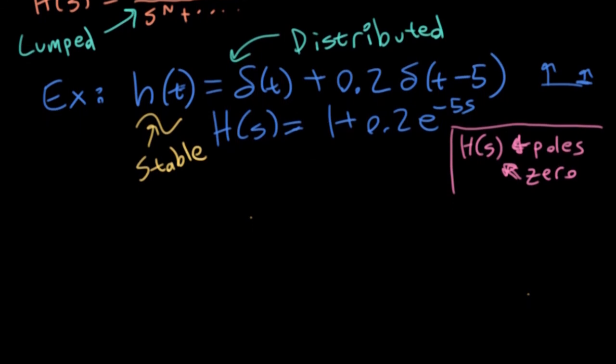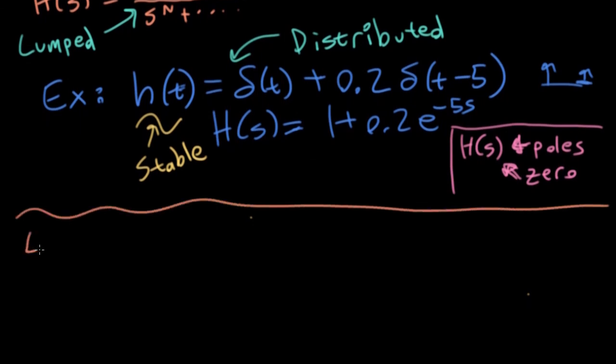Okay, that was a lot of stuff. The last thing I want to leave you with is a more generic characterization of stability for LTI systems that doesn't require our transfer function to be a ratio of polynomials.